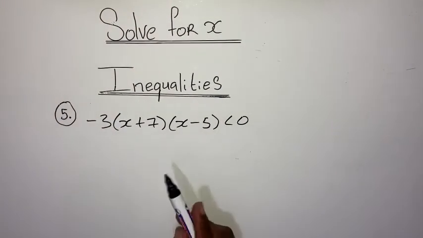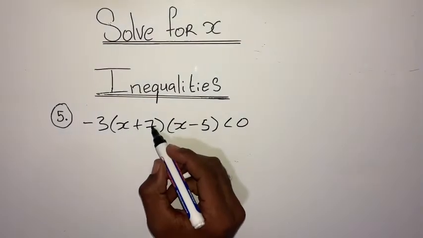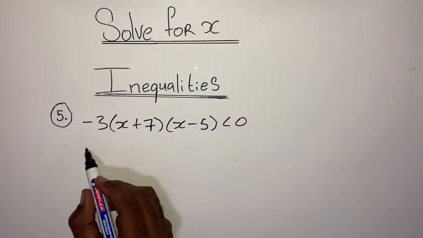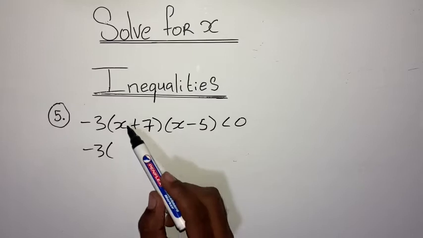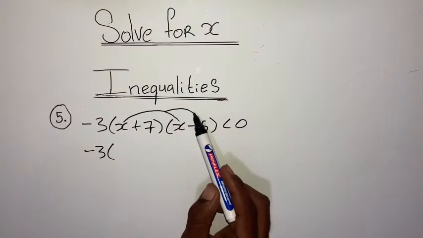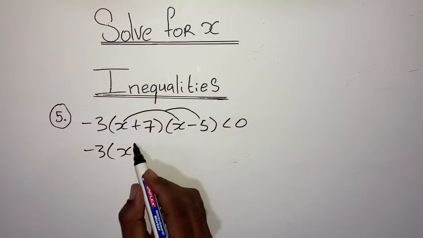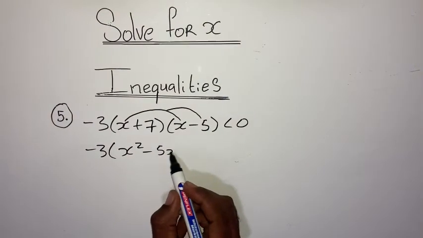Looking at a sum like this, you'll have to go for the BODMAS rule, which is bracket first. So -3, then you'll have to multiply out: x times x, you'll get an x squared. x times a -5, you get minus 5x.